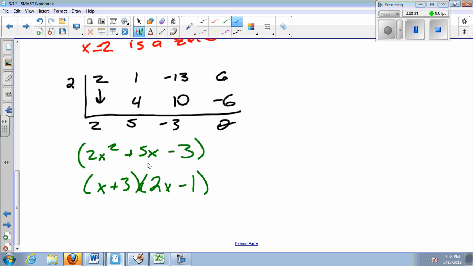So these are two factors, and then we had our original third, which goes in the form x minus c, which is x minus 2. So that is completely factored.